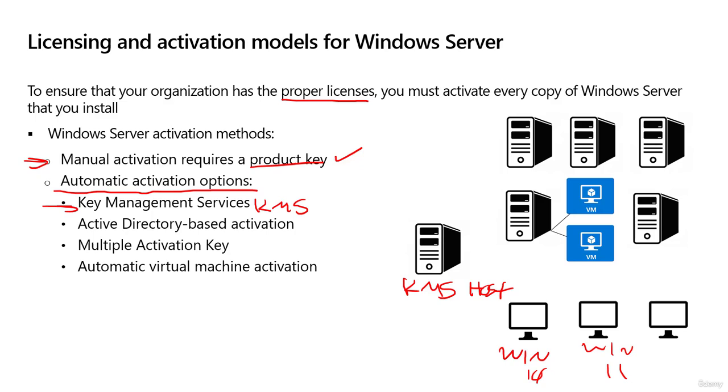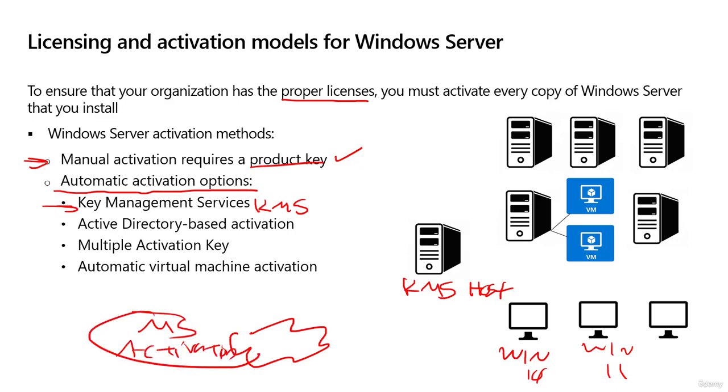What that did is activate this server as a KMS host, which gives it the ability to activate other clients, other servers in your environment. So Microsoft, somewhere out on the internet, is the Microsoft activation site. So that's out on the internet.